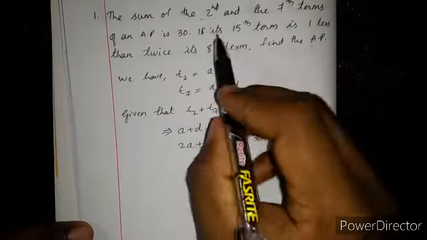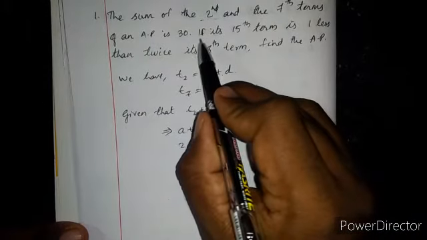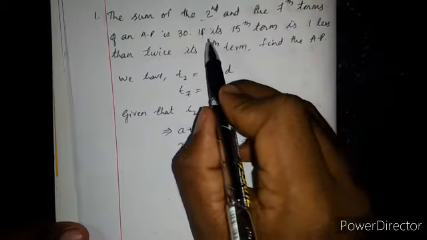What is the second part here? If its 15th term is 1 less than twice its 8th term. Here it's very important how to make the second statement, how to make the second equation from the given statement. Read it very carefully.